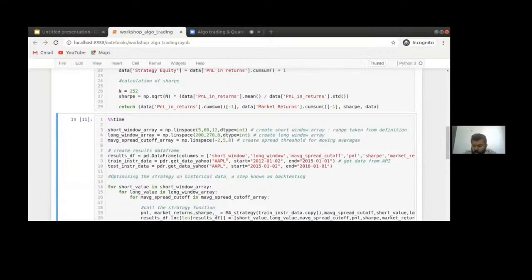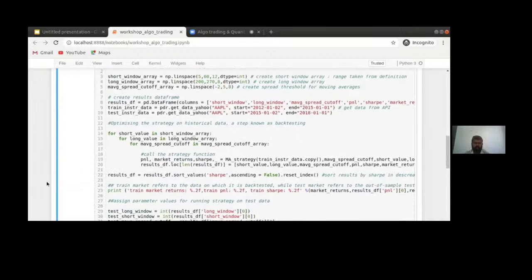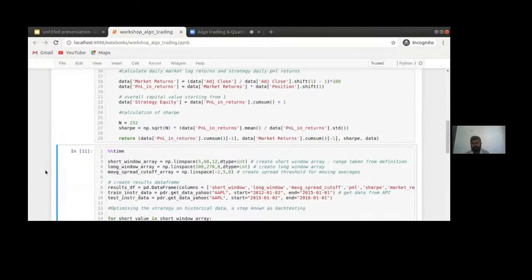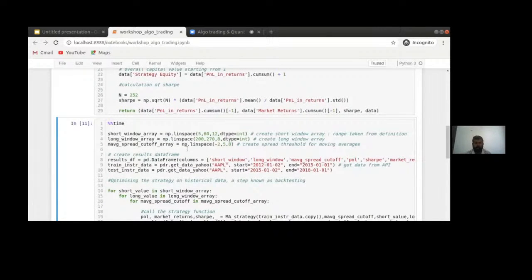When you go for a long position, you buy a stock, and when you go for a short position, you sell a stock. Here I've denoted long by 1 and short by -1. Long window and short window I had already covered.